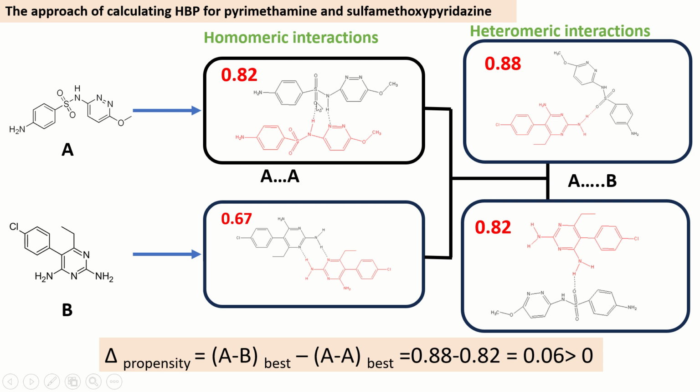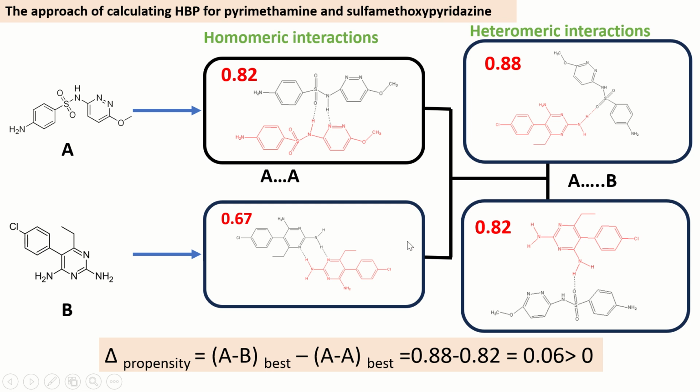So you use these best propensities of these functional groups. From the table, the best propensities for these functional groups are 0.82. Same in the case of pyrimethamine, and the best propensities of these functional groups are 0.67.